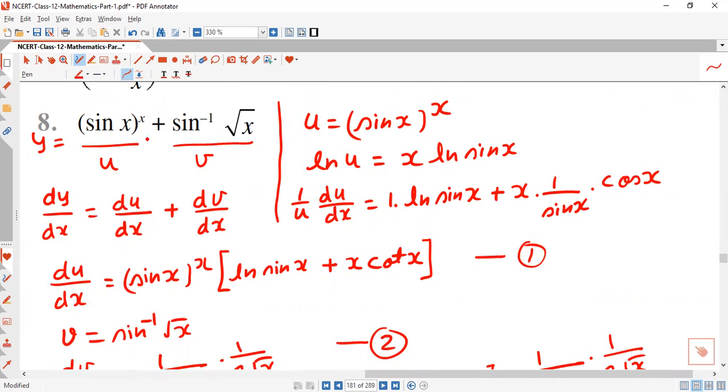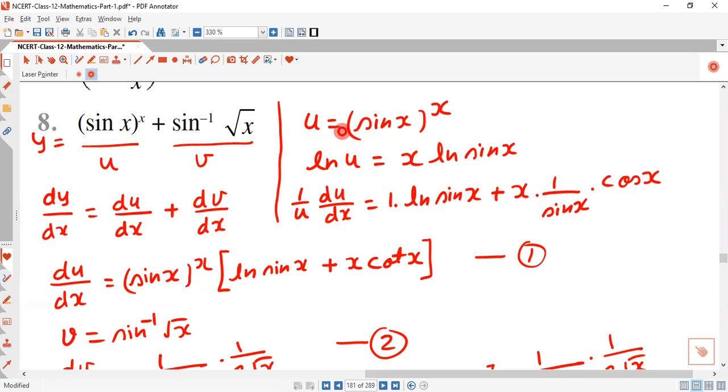See, now we have question number 8. We have sine x raised to x plus sine inverse root x. So y equals this one, u, plus this function, v. So dy by dx equals du by dx plus dv by dx. And u equals sine x raised to x.